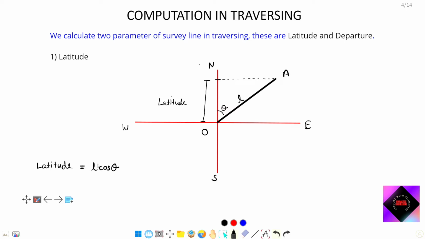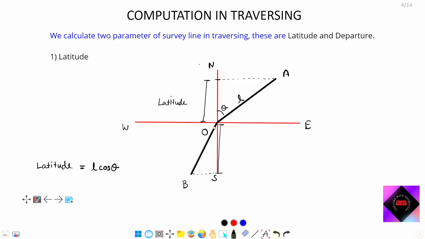Now further, for example, this line's latitude comes in the direction of north. For example, there is another line OB here. The latitude of this line will be in the south direction, this much. This is the latitude of OB.